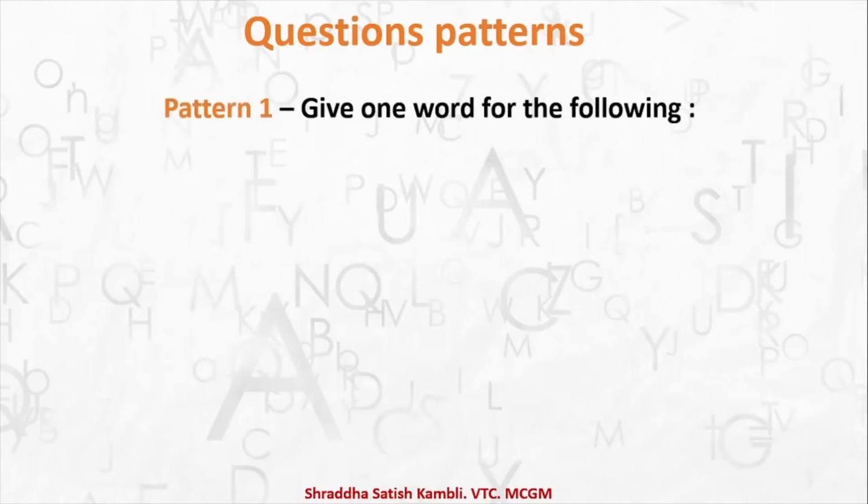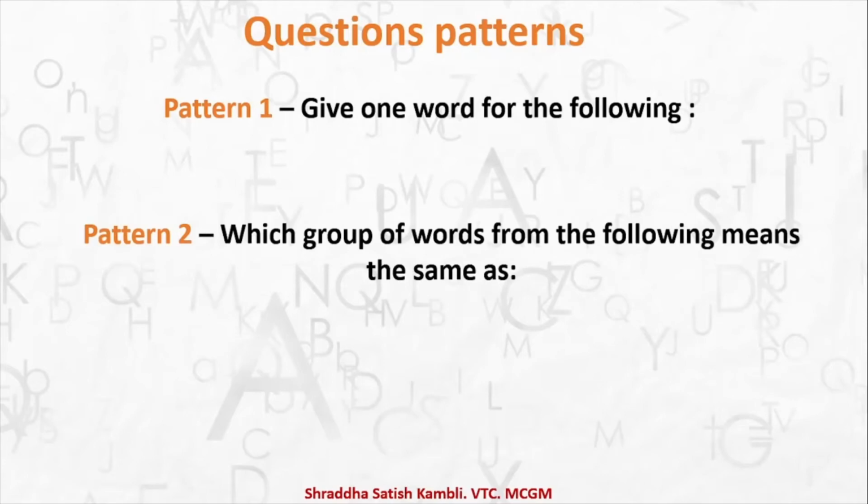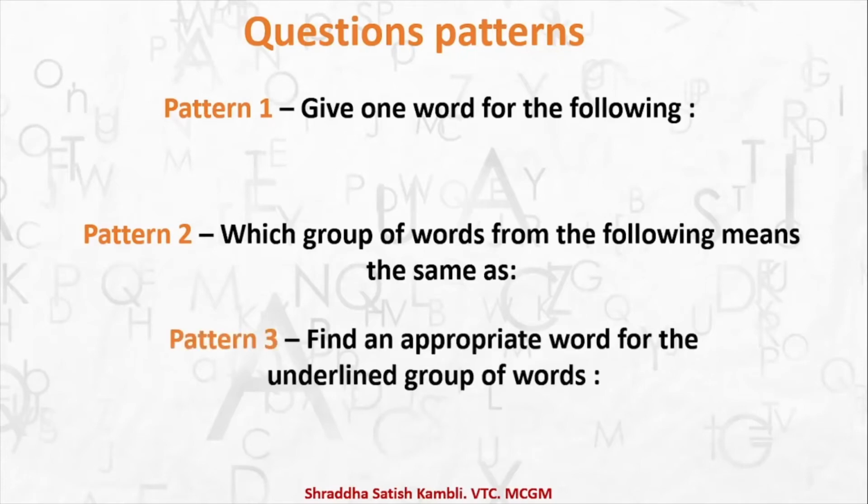So pattern 1, give one word for the following. Pattern 2 could be, which group of words from the following mean the same? And the third one will be, find an appropriate word for the underlined group of words. So in the first pattern, you have to give one word for the following.